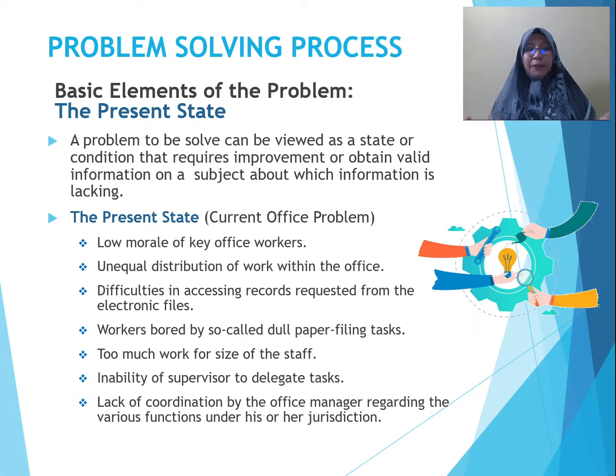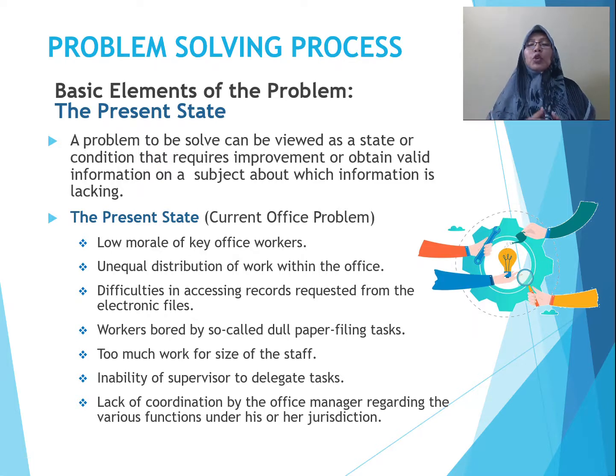The first one is the low morale of key office workers. Number 2, unequal distribution of work within the office. Number 3 is difficulties in accessing records requested from the electronic file. Number 4, workers bored by so-called dull paper filing tasks.